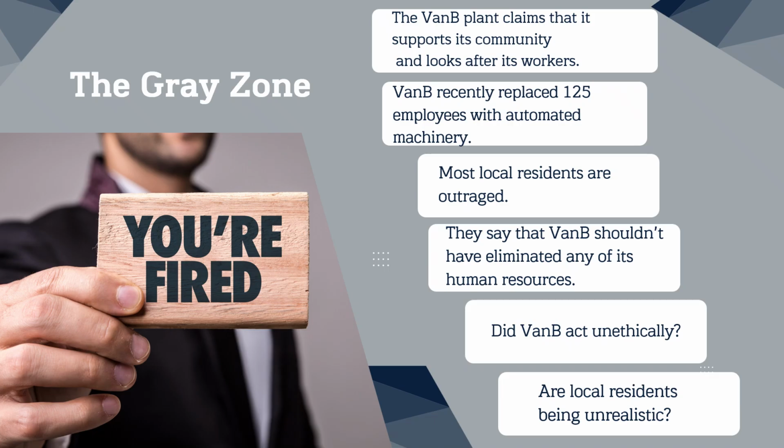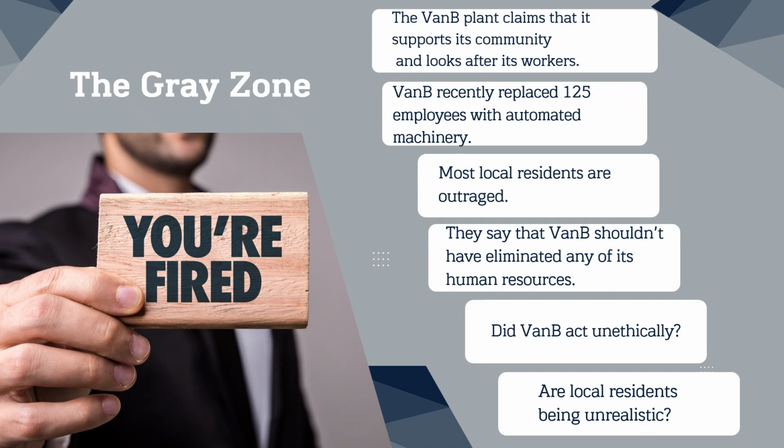Now, let's take these ideas, values, and principles and apply them to a situation so we can continue to build strong ethics and character in business through the gray zone. In this scenario, the Van B plant claims that it supports its community and looks after its workers. However, recently, Van B replaced 125 employees with automated machinery.